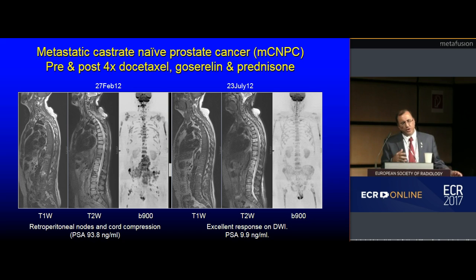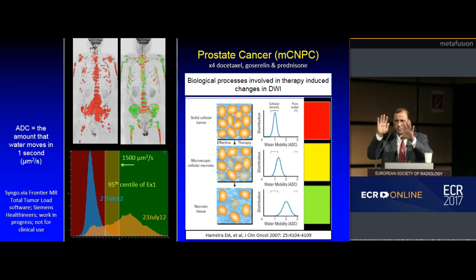Now, one of the things you can then do is you can start to color code the ADC maps, giving you like a traffic light system for your clinicians. And I do this now for my clinicians all the time. Bad, okay, good. So red is bad, yellow is dying, and green is dead.